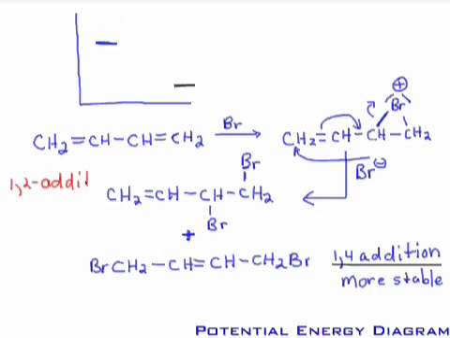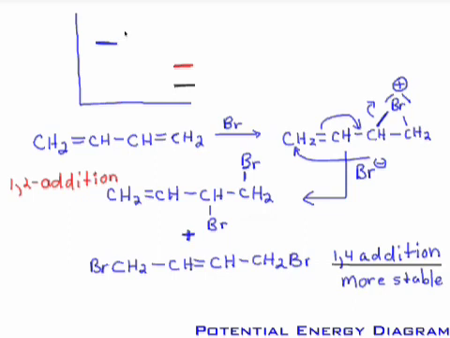Now the 1,2 addition product is less stable for two reasons. One, you've got the less substituted double bond. But two, you also in this case have two large bromine atoms next door to each other. And that can lead to some steric repulsions. So the red guy is less stable.